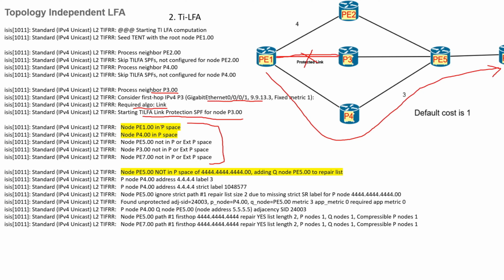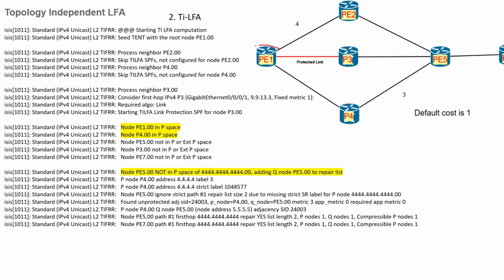You can see in this scenario P1 and P4 both are in the P space, but PE5 is not in the P space or the extended P space. P3 is not in the P space or the extended P space. Again PE7 is not in the P space and not in the extended P space. So based on that, it has calculated that PE5 is the next Q node.